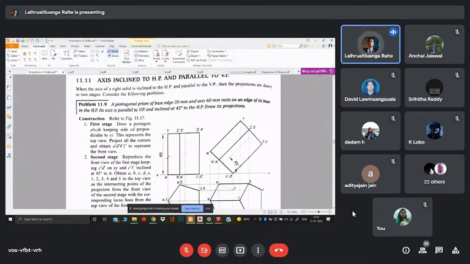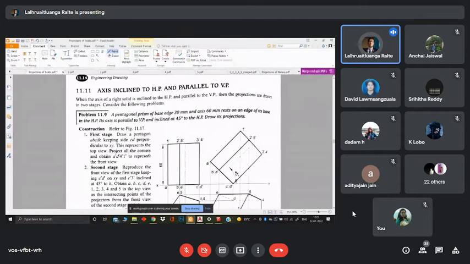If you already practiced with your planes inclined to one of the reference planes, then this is not going to be too new, and it's a continuation of what you have already learned. But if you haven't practiced that yet, and if you have slightly forgotten a few bits about what we did, it's going to be something new again. So please pay good attention.